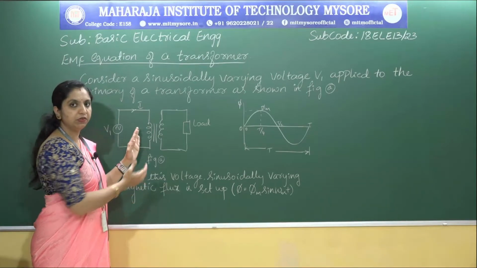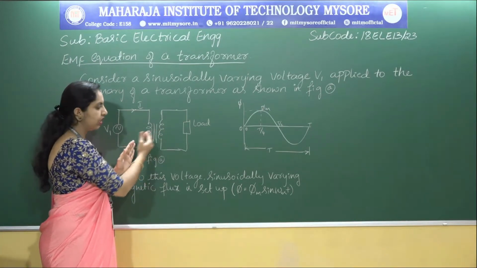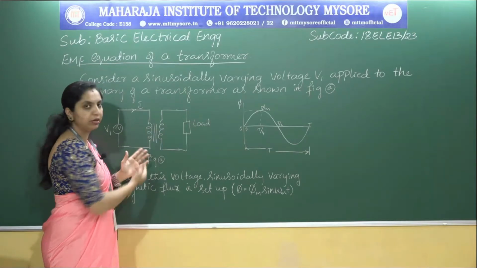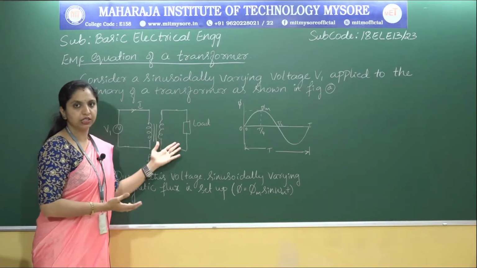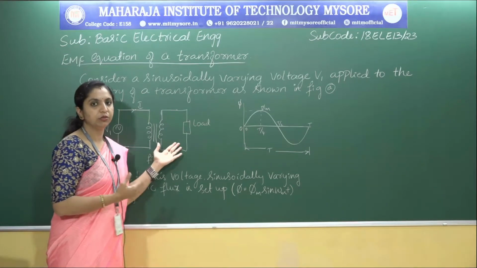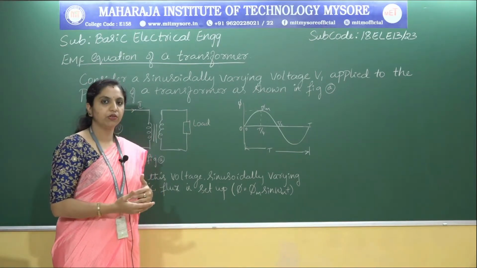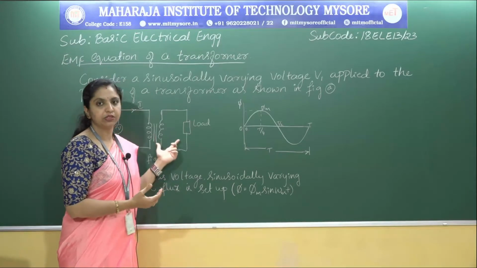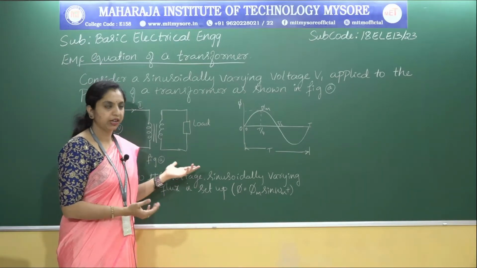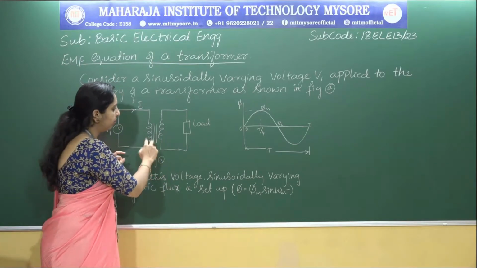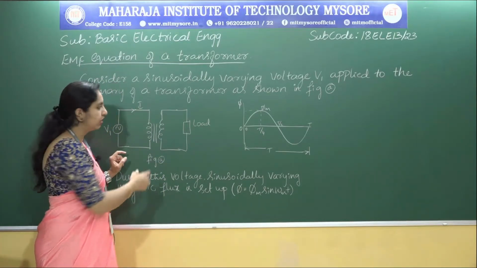When the change in flux links with the secondary winding, EMF gets induced in the secondary part of the transformer, based on mutual induction. As I have already told you, the working of the transformer depends on the principle of mutual induction.